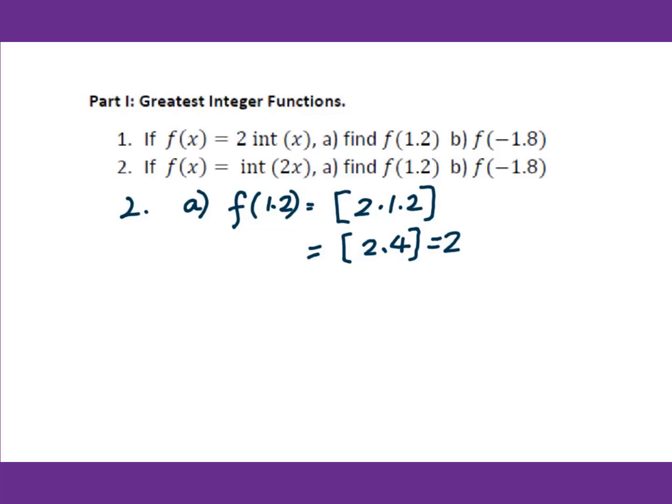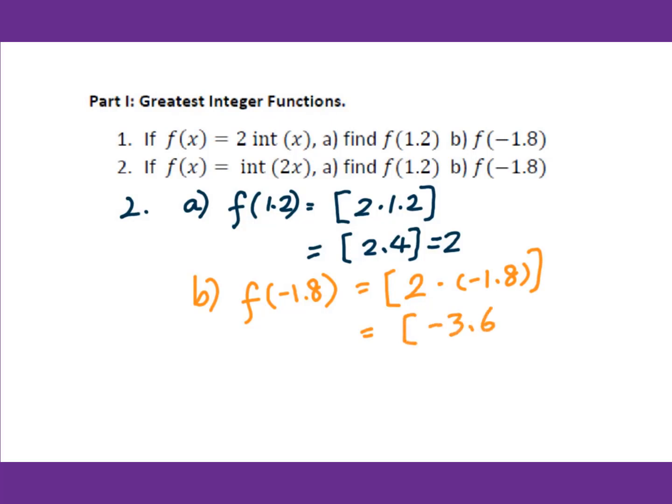For B, we're looking for f of negative 1.8, which equals the greatest integer of 2 times negative 1.8. So we get the greatest integer of negative 3.6. Therefore, negative 4 is the answer.